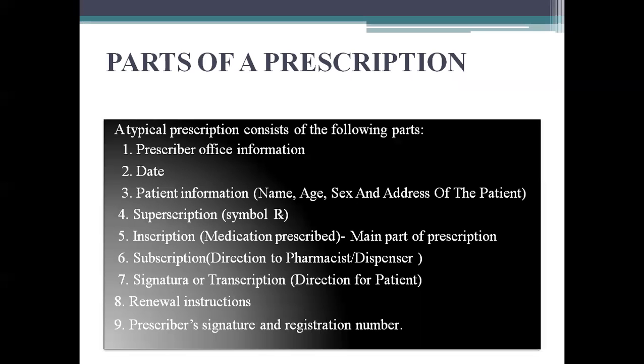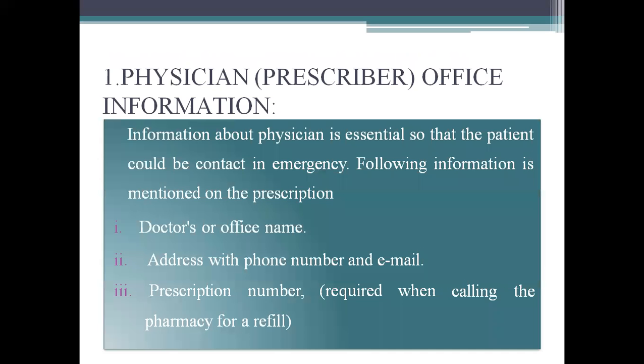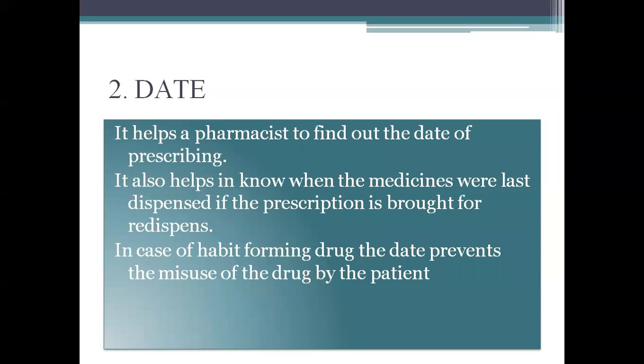the parts of prescription, and we discussed 9 parts of prescription, important, and each and every part has its place in that prescription. So first we have seen the physician or prescriber office information. In that, office name with address, email ID, phone number, and prescription number have to be mentioned on the prescription. We said that.